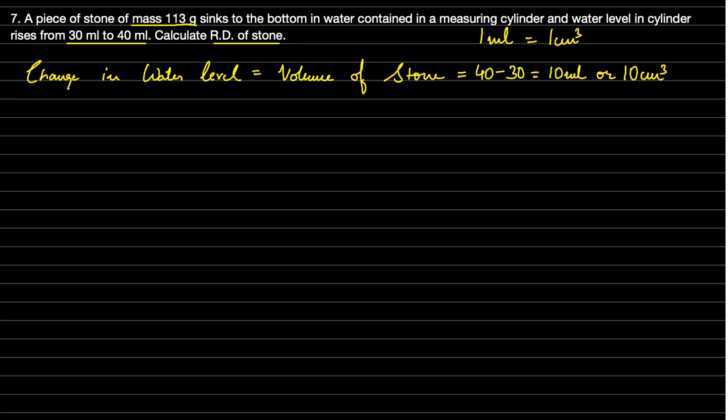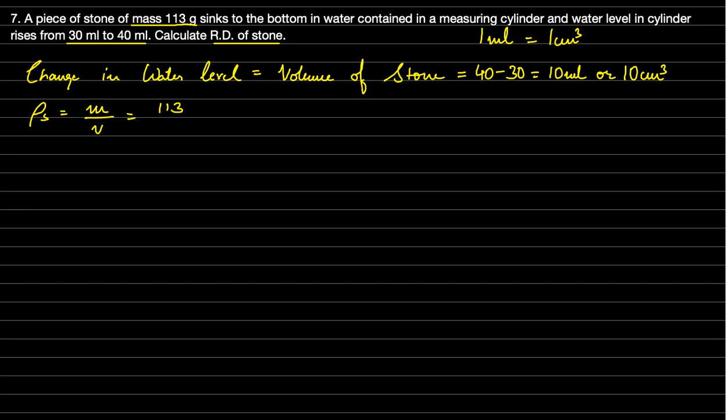Now we need the density of the stone. So for finding the density of the stone, we will write rho s is equal to mass divided by volume. Now we know the mass. So the mass is given as 113 grams.